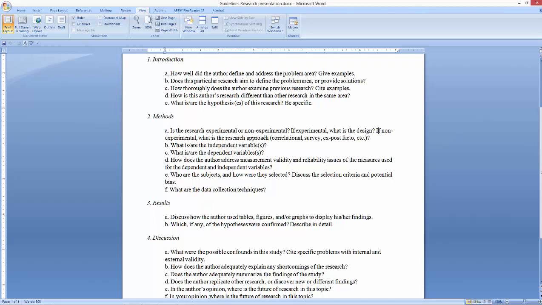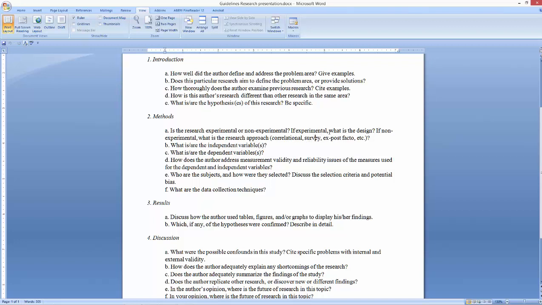And I believe that some, if not all, of your projects were in fact non-experimental, and they were correlational. Correlational is finding correlation, and as you know, correlation doesn't necessarily mean cause. Is it a survey approach in which it's cross-sectional?